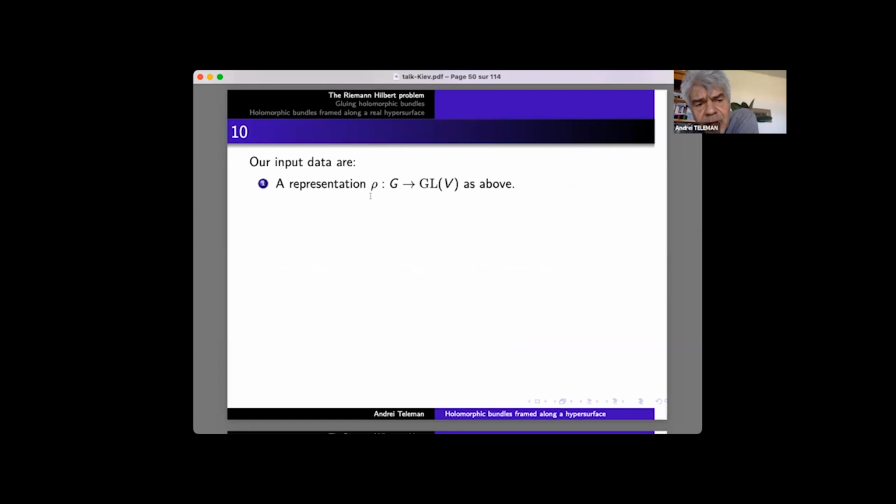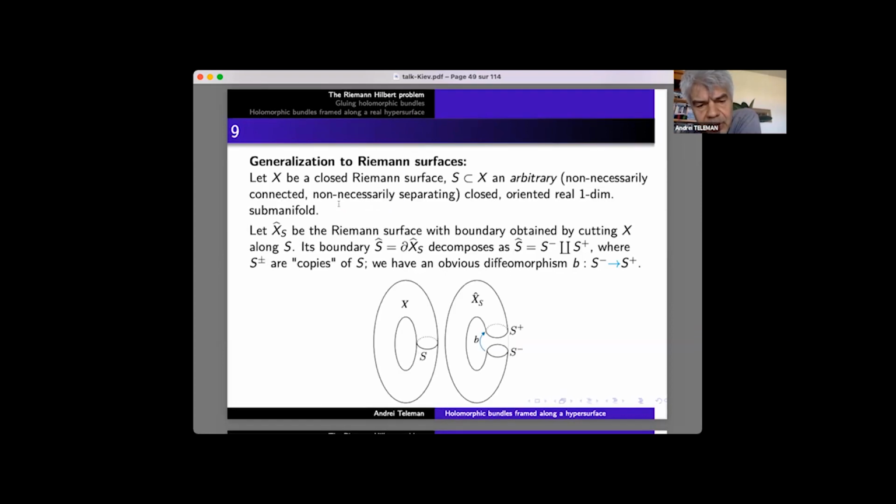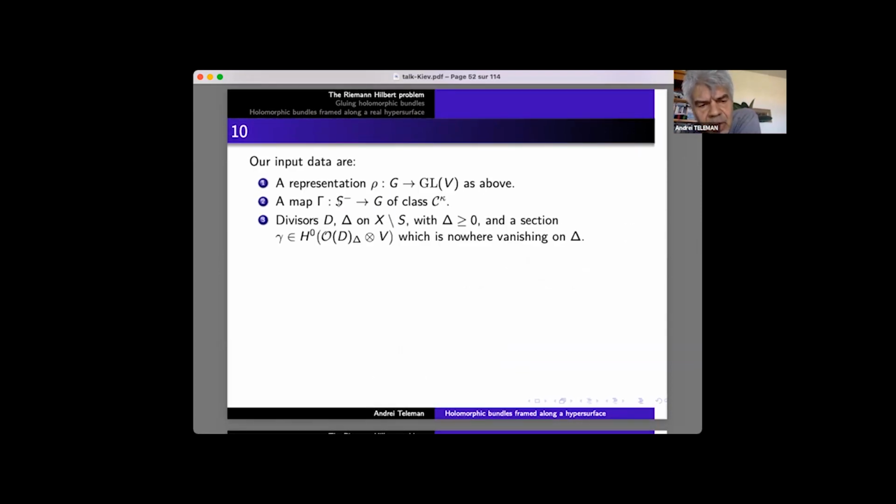Okay, so again, the input data are a representation defined on G, on a finite dimensional vector space V. A map, I choose one of these connected components, for instance S minus, it doesn't matter which one, because they are identified via the blue map, B. And I choose two divisors, D and delta. D is a divisor by which I twist my sheaves, and delta is a divisor which plays the role of the point at infinity, or more precisely its multiples.